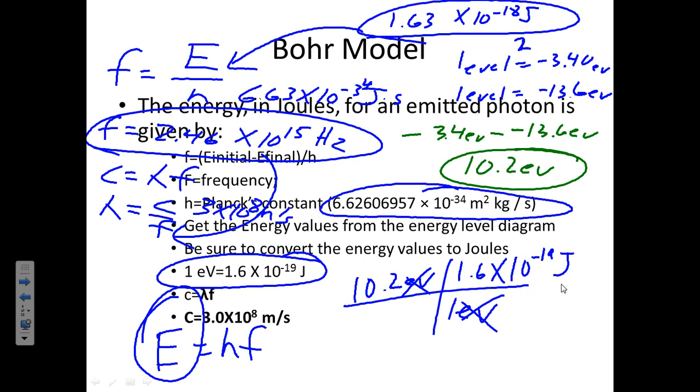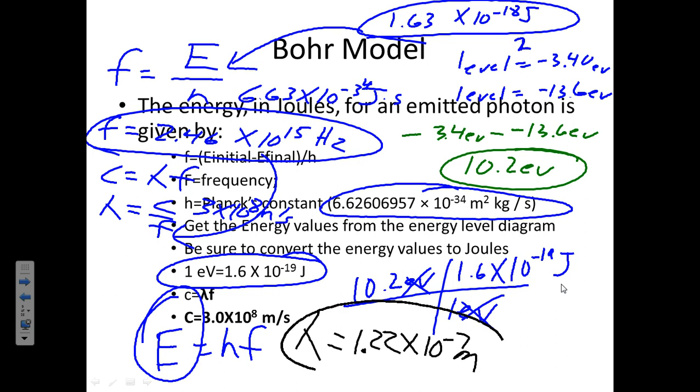If we want to find the wavelength in this problem, let's take 3 times 10 to the 8th and divide it by our frequency that we just calculated, 2.46 times 10 to the 15th. When we do that, we get a wavelength of 1.22 times 10 to the minus 7. If we do everything in terms of hertz, meters, seconds and joules, our wavelength is always going to come out in meters.